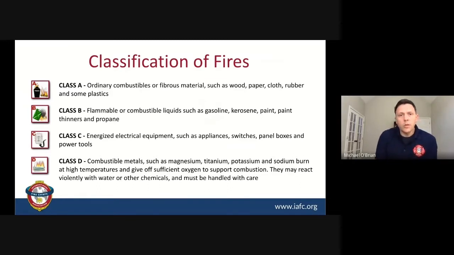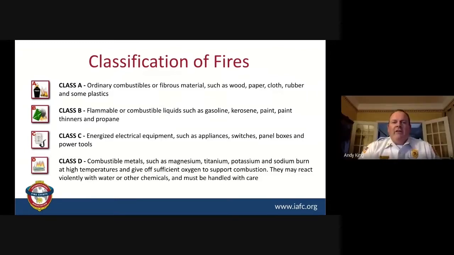So, one of the basic things that we also need to review is just the classification of fire. Class A is ordinary combustible materials: wood, paper, cloth, maybe some plastics. Class B, we start to get into flammable or combustible liquids. Class C obviously is typically a Class A fire, but it involves energized electrical equipment.